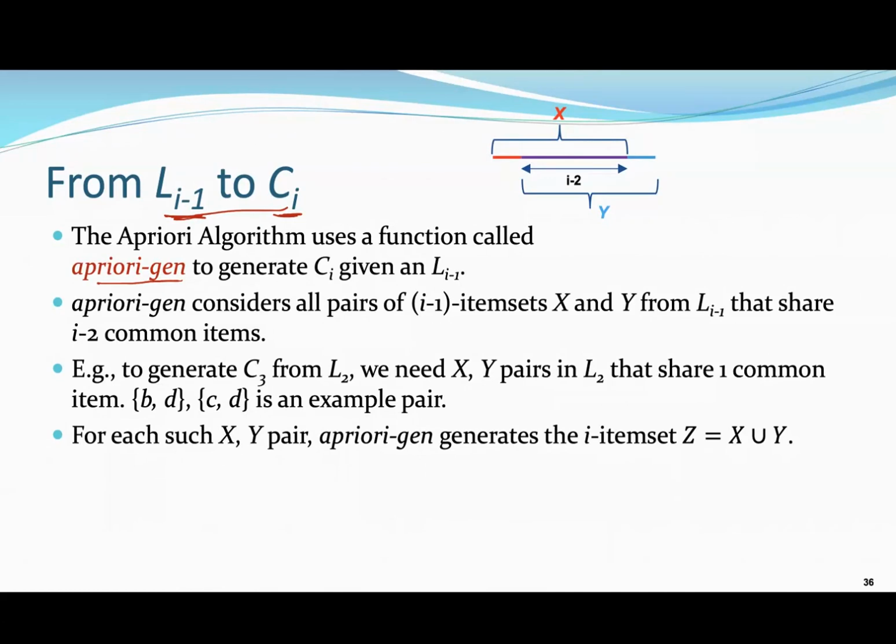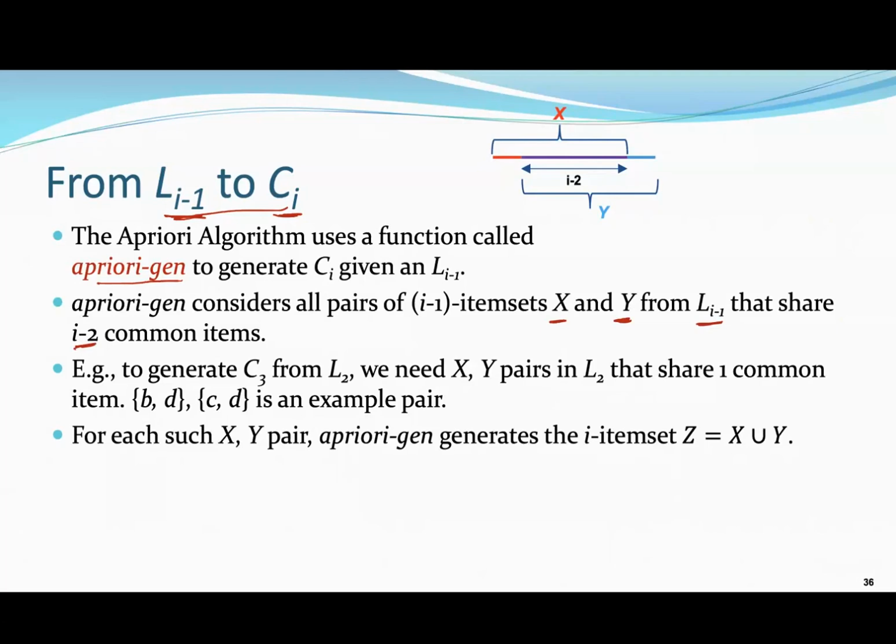Specifically, we will pick an item set X and an item set Y from L(i-1). Remember, L(i-1) refers to the set of all frequent size i-1 item sets. So we pick a pair, X, Y. Now, we would join them if they overlap in i-2 of the items that are in there.